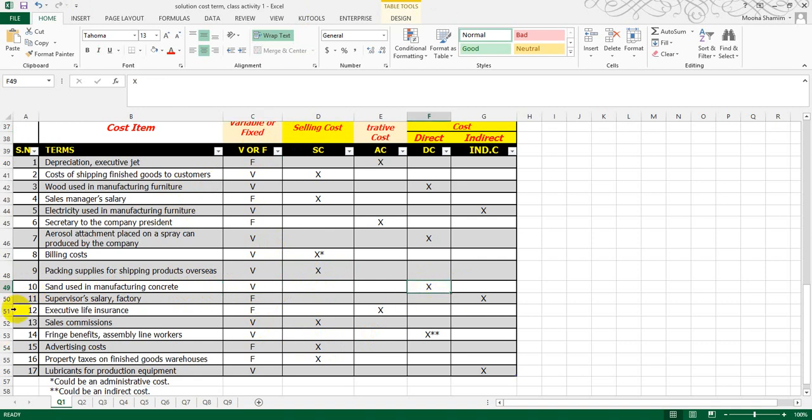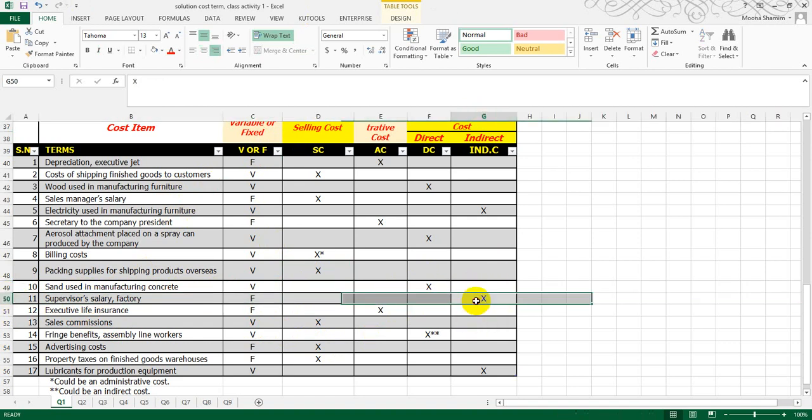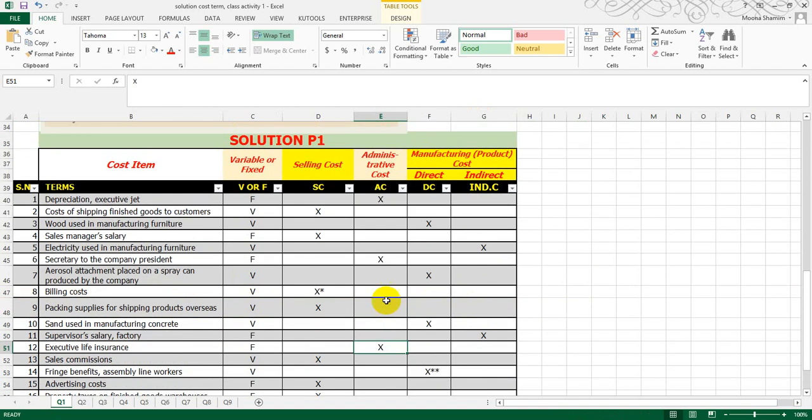Supervisor salary factory. Factory related expenses are treated as indirect, so it is an indirect cost, and it is a salary, so it would be fixed. So the supervisor salary factory is fixed and indirect in nature. Executive life insurance, that is fixed, and again we will treat it as an admin cost.